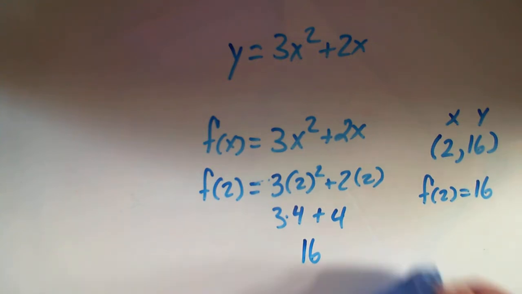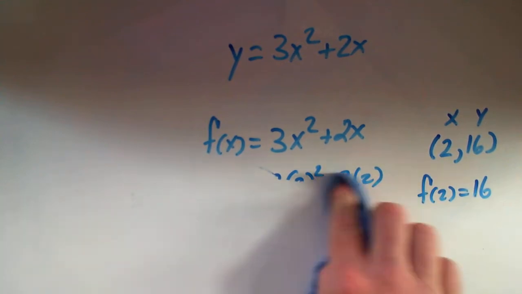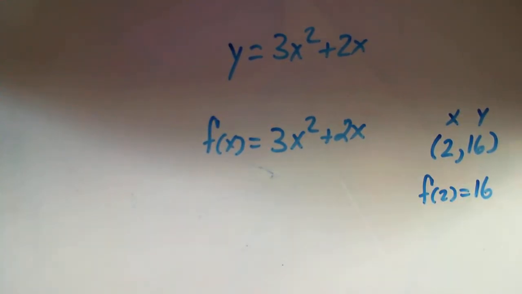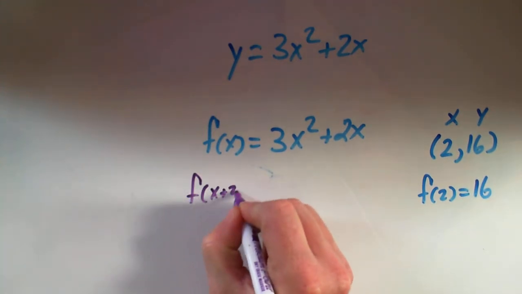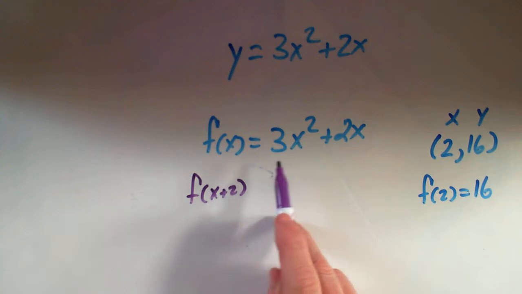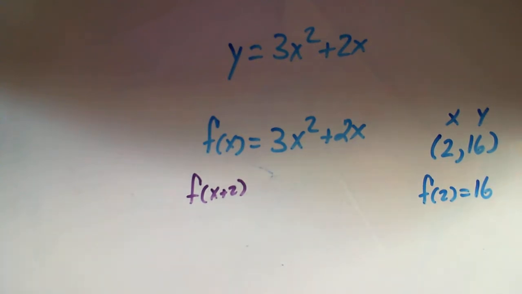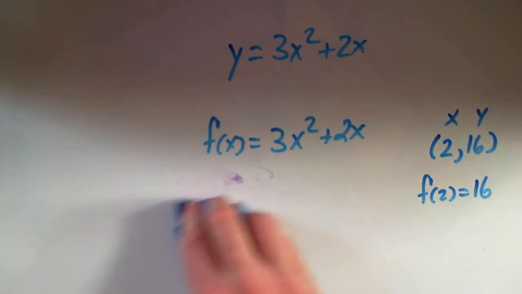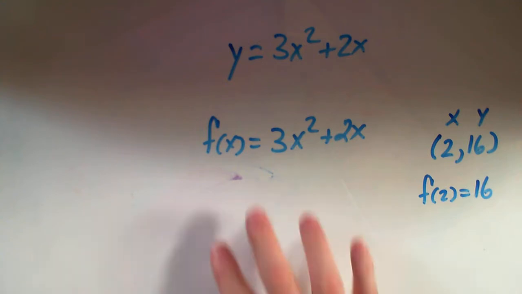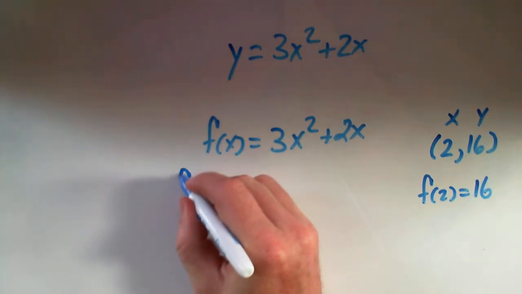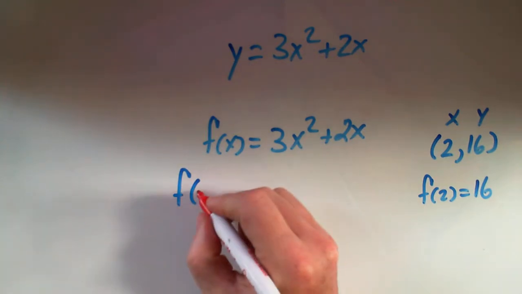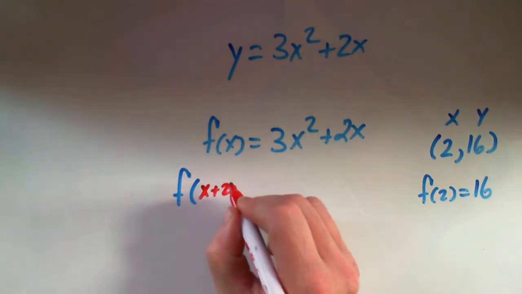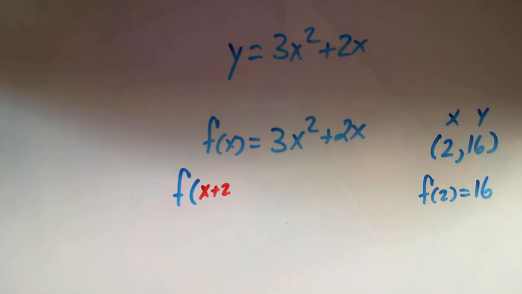I can also plug in a variable if I wanted. So if I had that f of x, instead of putting in x, I could put in x plus 2. Let me color code that a little bit better. So let's say f of, and I'm going to plug in x plus 2 instead of x.